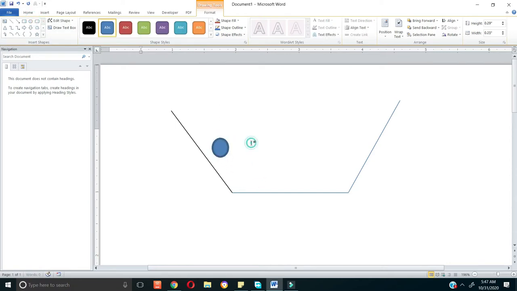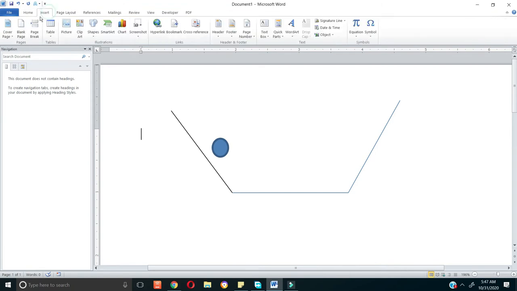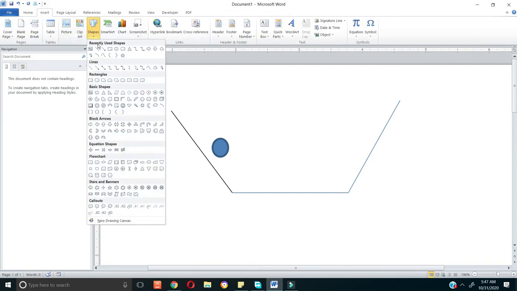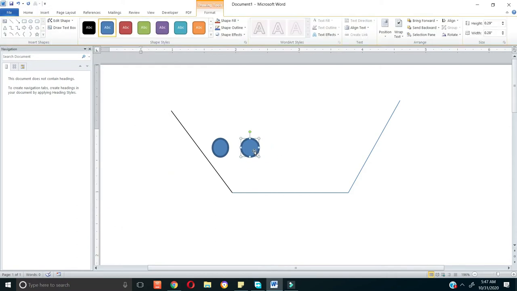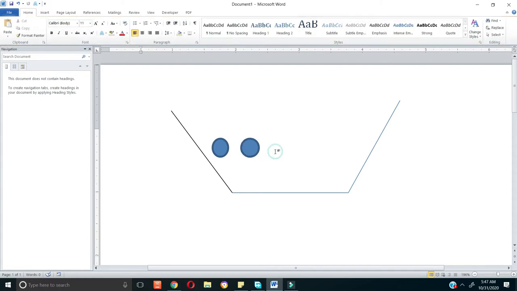I'm going to get a bunch of blue balls. So I have a bunch of blue balls in my container. Then let me add a bunch of red balls in the container.